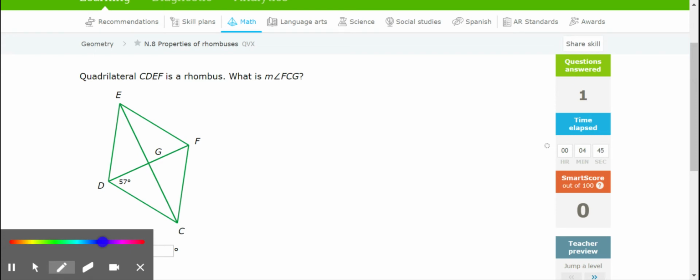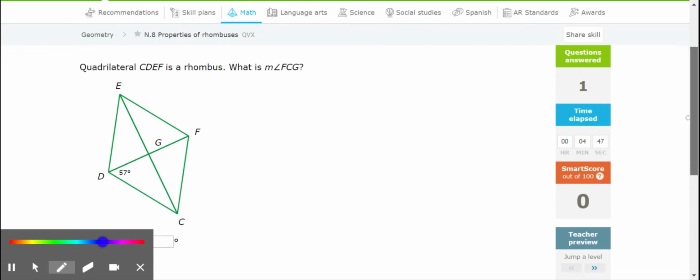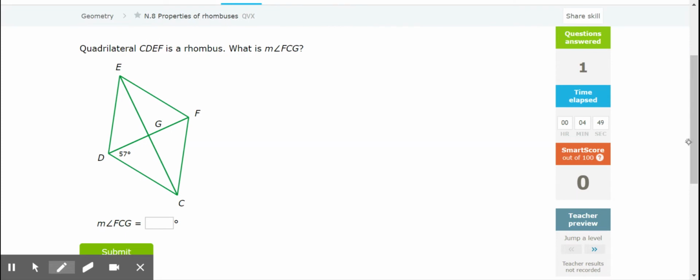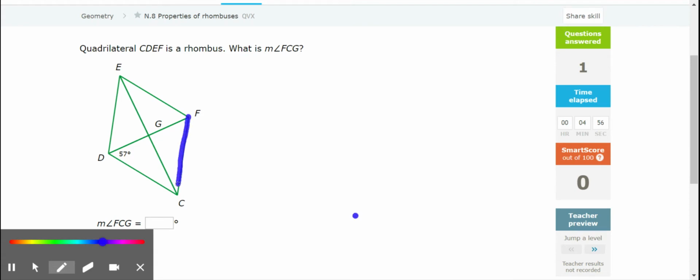So this first problem tells us that it's a rhombus, and then it asks for the angle FCG. FCG is going to be this angle right here. Something that we need to know about rhombuses is that they bisect opposite angles. And we also know that opposite angles are congruent.